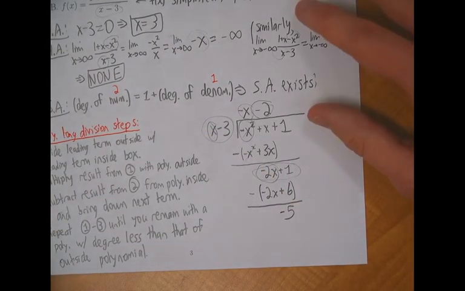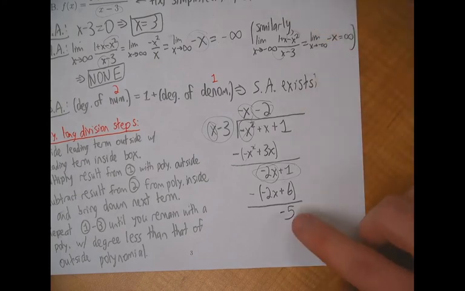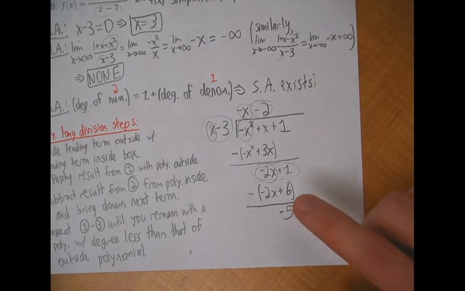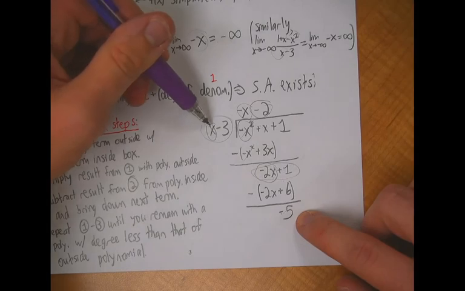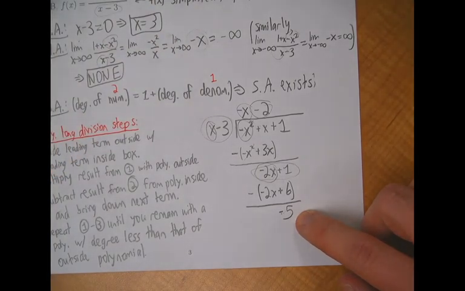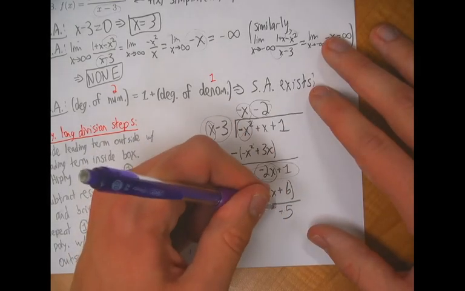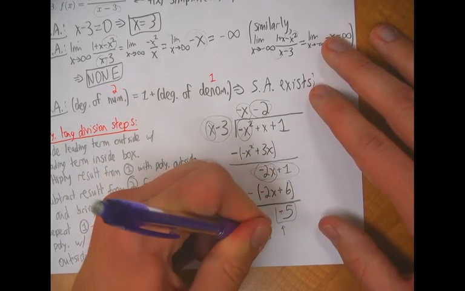Now step 4 says, do we now have a polynomial that has degree less than that of the outside polynomial? We do, so that means stop here.